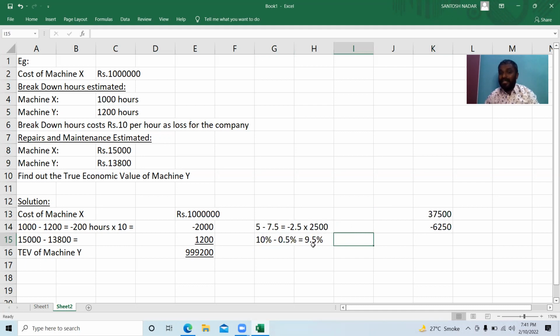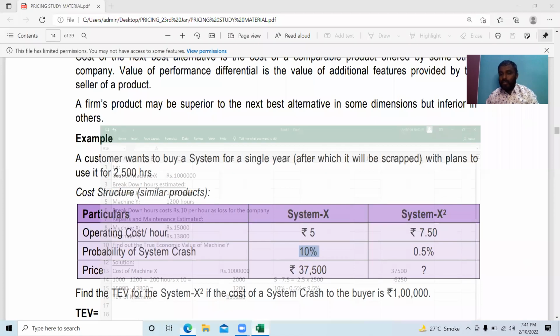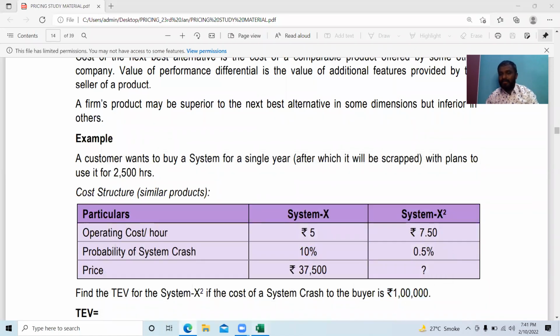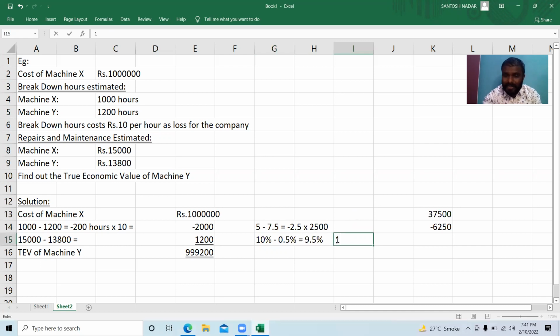There is a lesser chance of breakdown by 9.5%. And the total cost of system crash is 1 lakh. If the system crashes, there will be a cost of 1 lakh. There is a 10% chance of crash in system X, whereas mine is 0.5%, so the probability of system crash gets reduced by 9.5%. See, there is a positive impact. That means 1 lakh multiplied by 9.5%: you are going to save 9,500 if you invest in my system.